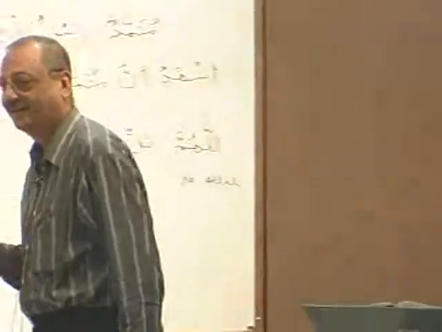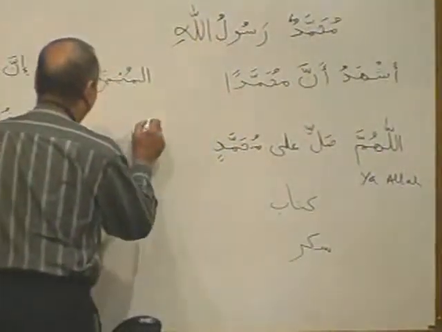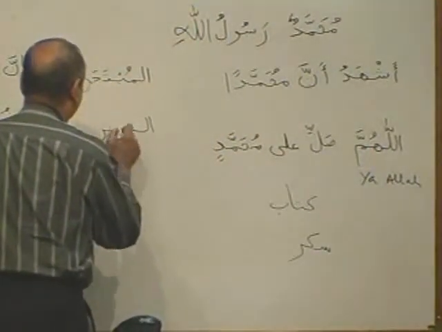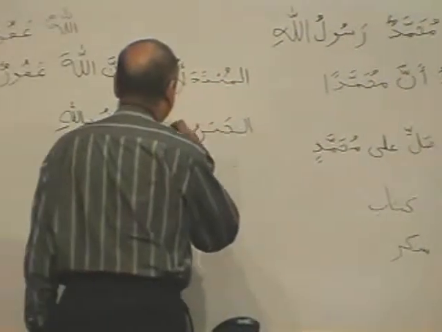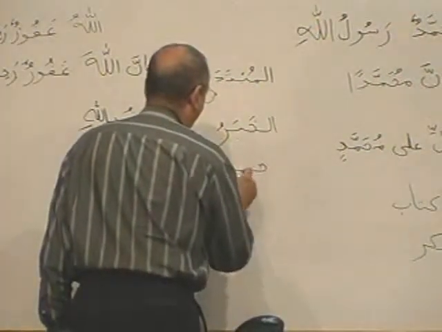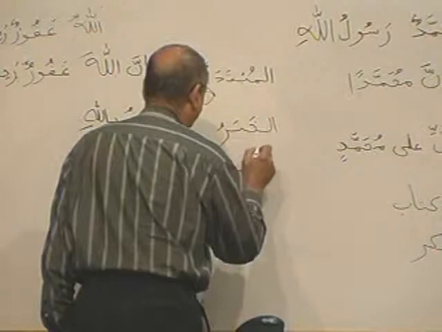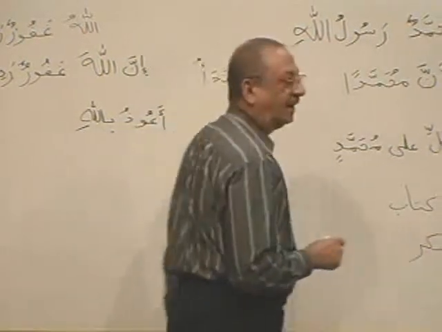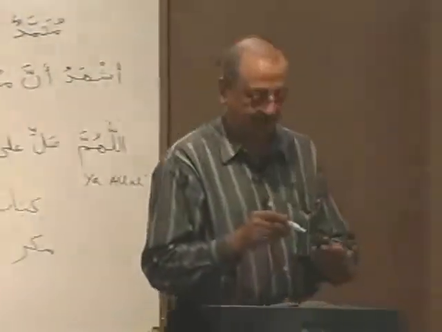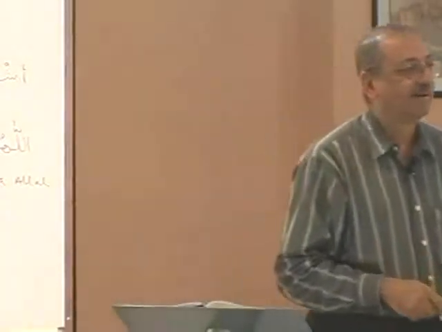And what is called predicate in Arabic? Very simple. Khabar. Aaj ki taaza khabar kya hai? Khabar. Al-khabaru. Or you will say khabar. Are you with me? Khabar means news.